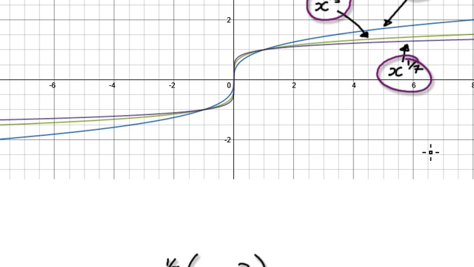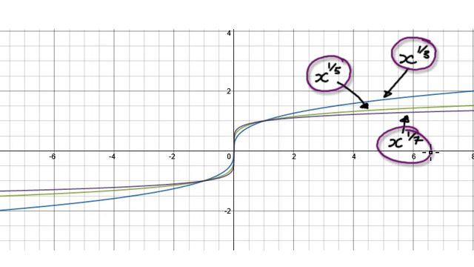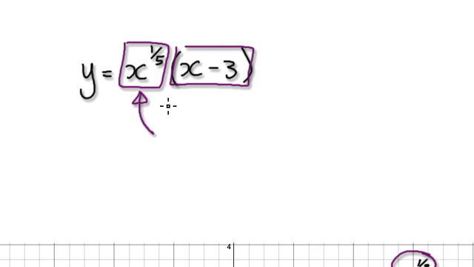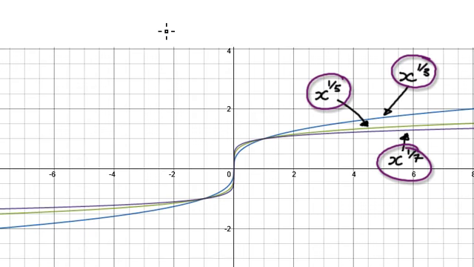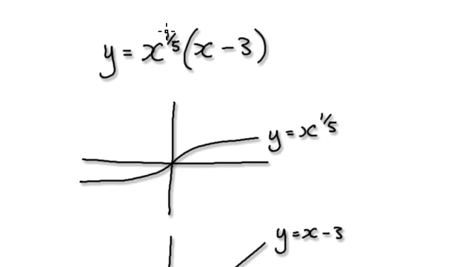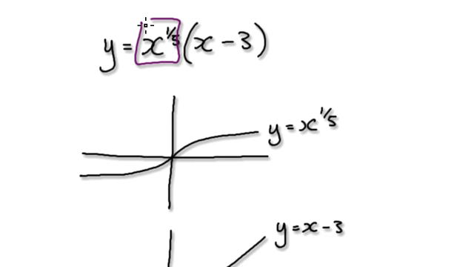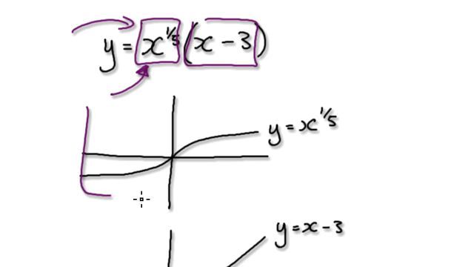But the point that I'm making is that you've got two blocks here. You've got this block multiplying with this block here. If you look at this block, it will look like this. So what we've got here is one block multiplying another block here. If you look at this block here, the graph for this block looks something like this.